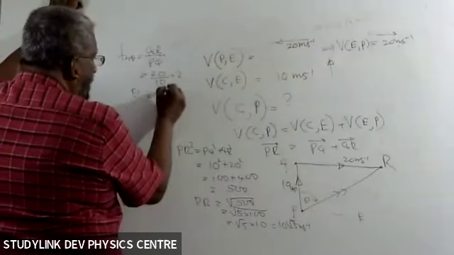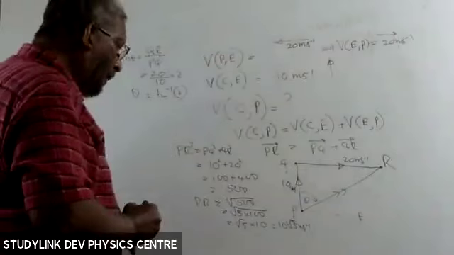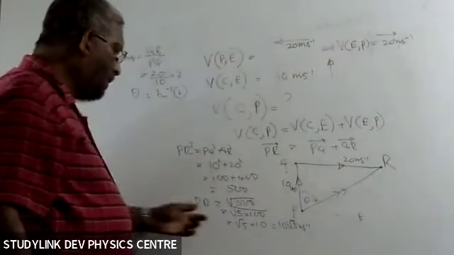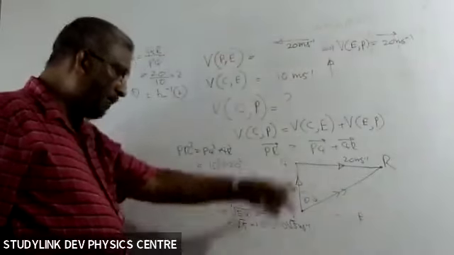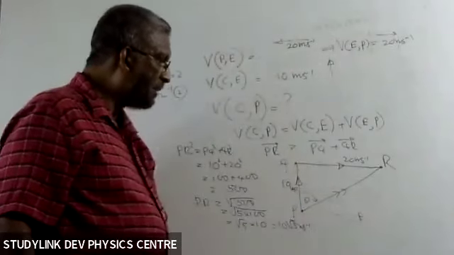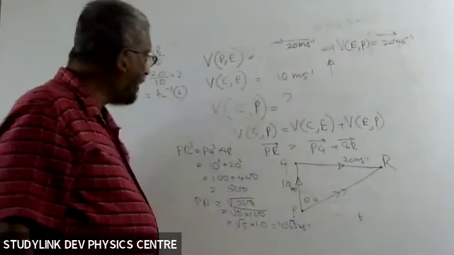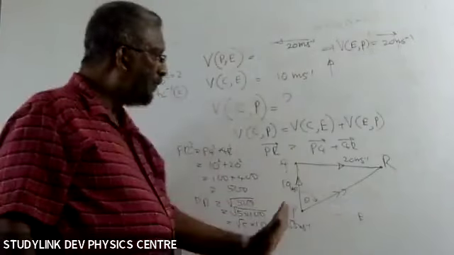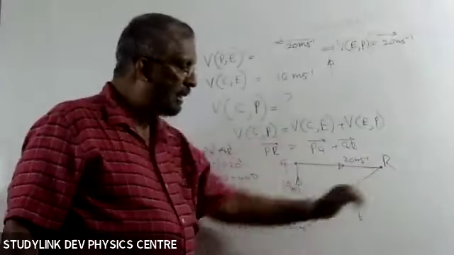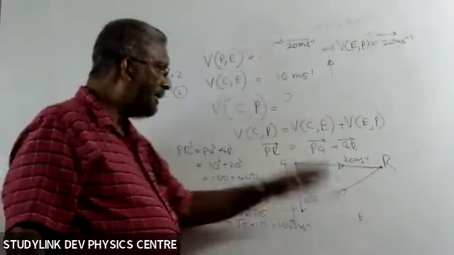Theta is tan inverse 2. So your answer must be, the car is moving with the speed of 10 square root of 5 m s^-1, making an angle of tan inverse 2 from north towards east. That is how the pilot sees it.